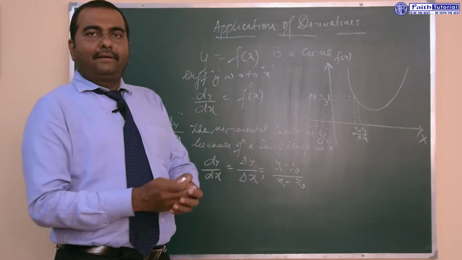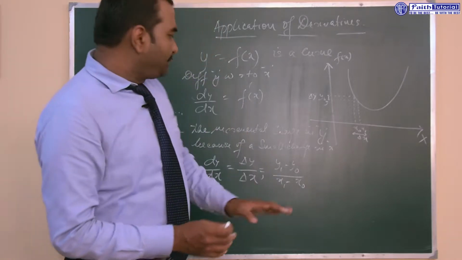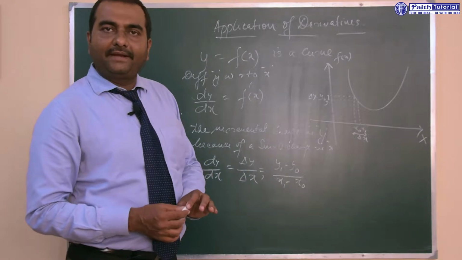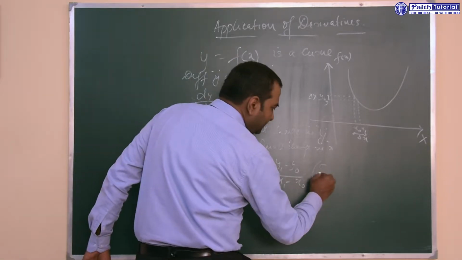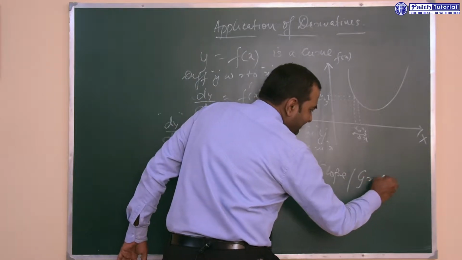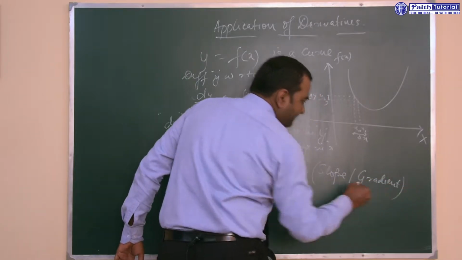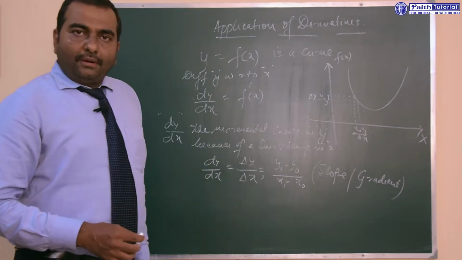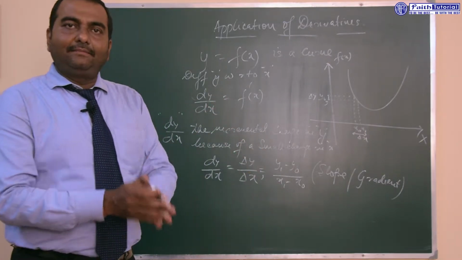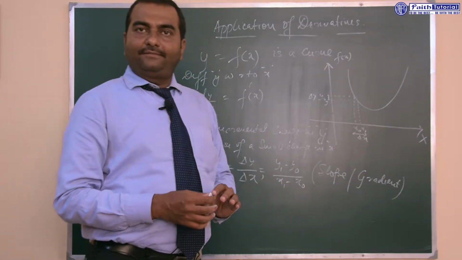Now if you remember, at the secondary level, we used to study the same formula for the slope or the gradient of any straight line. So this is the slope or the gradient. So dy by dx can be also considered as nothing but the slope or the gradient of the curve.